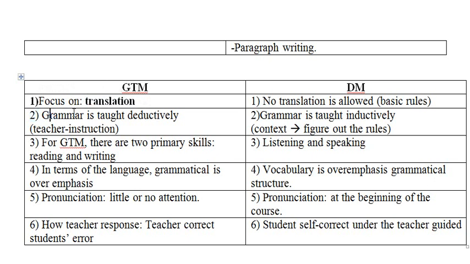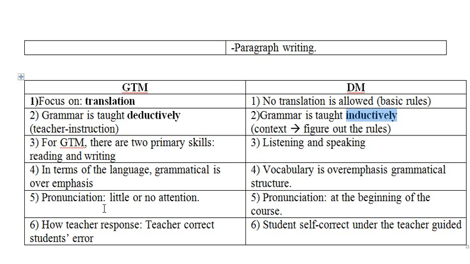Second, grammar is taught deductively, and then inductively in direct method. Third, grammar translation method has 2 primary skills, reading and writing, but direct method has listening and speaking. Fourth, in terms of language, grammatical structure is overemphasized, but in direct method, vocabulary is overemphasized over grammatical structure.